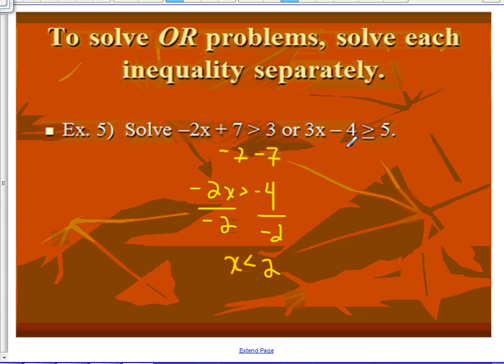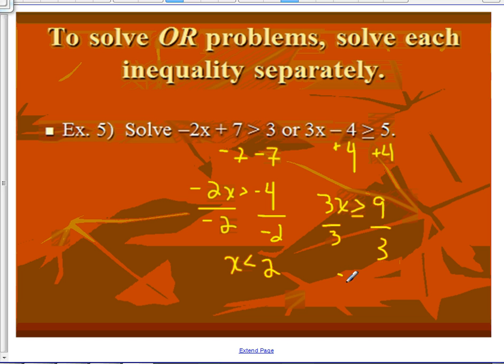All right, now I'm going to go through and solve my other inequality. I'm going to add 4 to both sides. So I'm going to have 3x is greater than or equal to 5 plus 4, which is 9. Divide by 3. Because it is positive, I do not have to worry about switching anything.